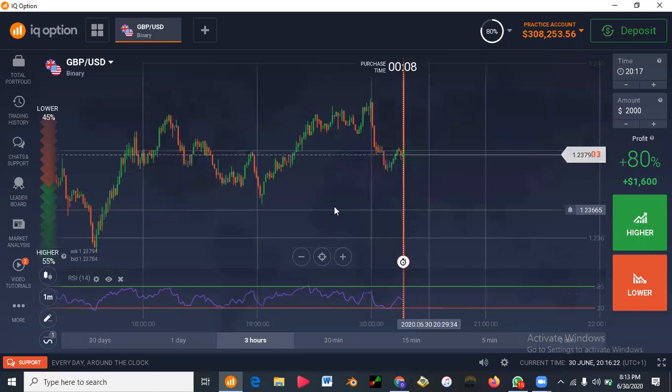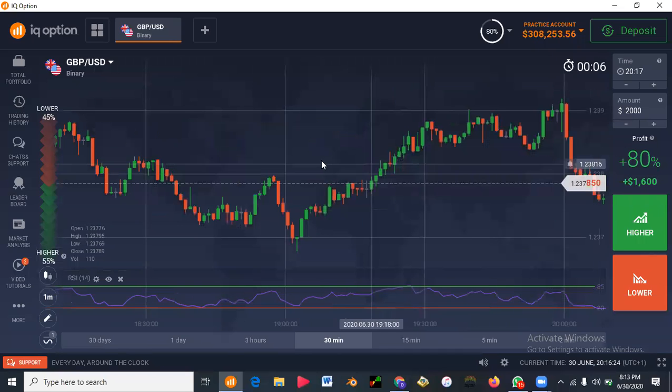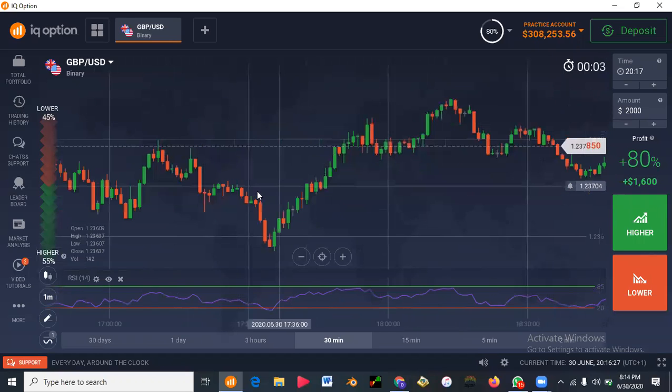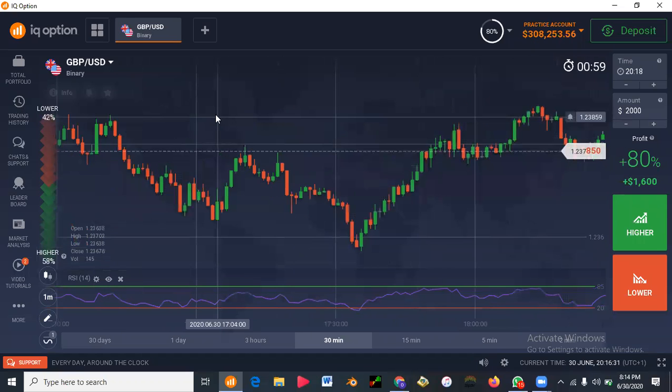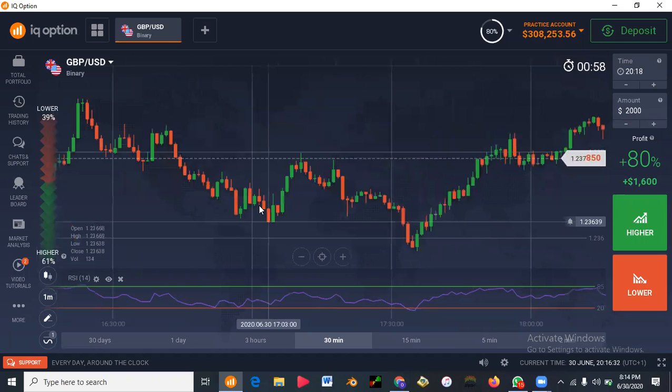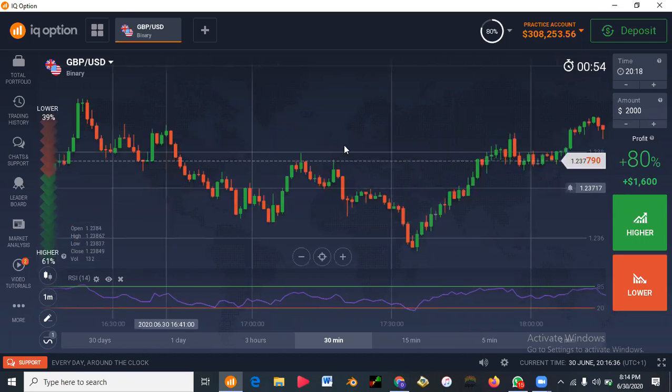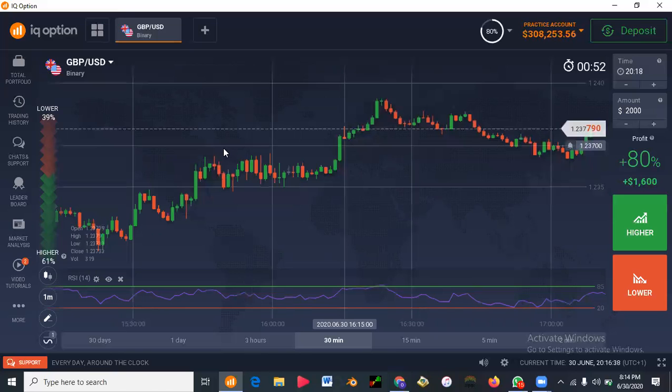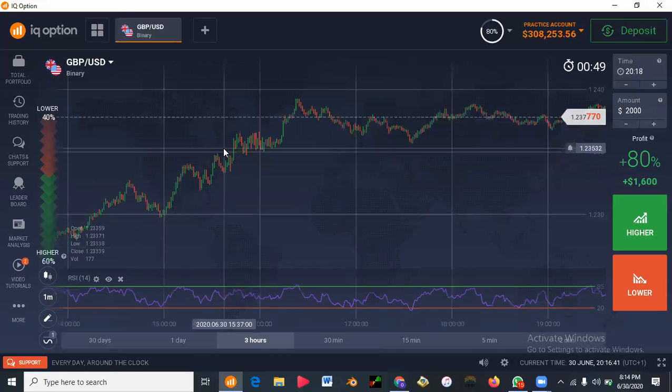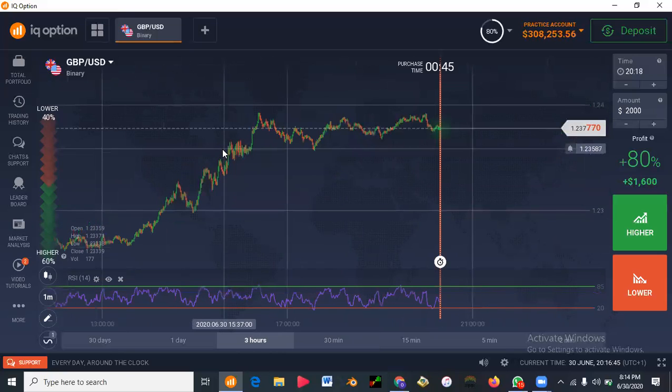Okay, so when you've set your RSI, the next thing to do is to find a very suitable indicator to go with it, because the RSI gives you an average accuracy of 60-65%. When you take 10 trades, 6 will be in the money, the rest will be out of the money. We have different types of indicators, like the moving average.